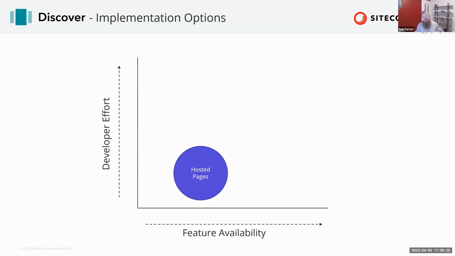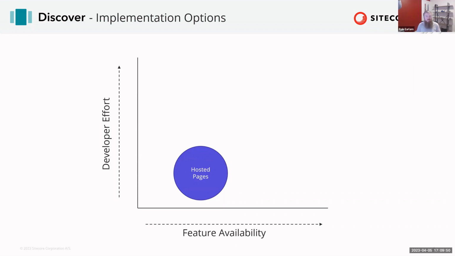And you'll notice because of that, it's quite low on the developer axis on this very rudimentary graph I created, because it is quite easy to implement. Once the developers configured that reverse proxy or the subdomain, then they're no longer required. The merchandiser can log into the Discover backend, which is called the Customer Engagement Center, or the CEC, which we'll take a look at shortly.